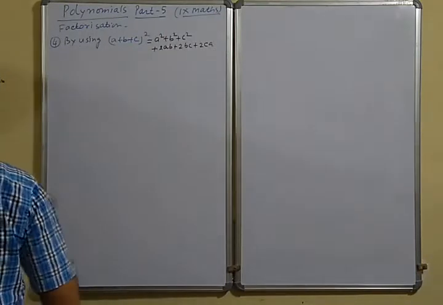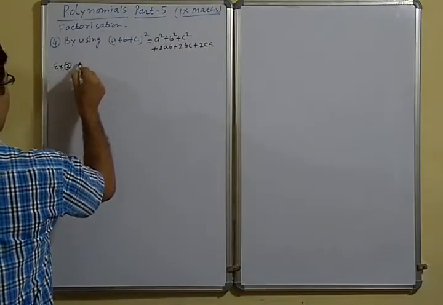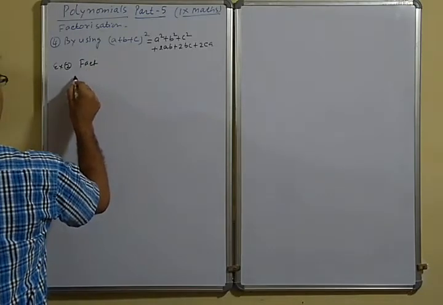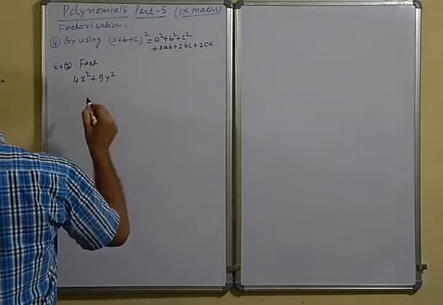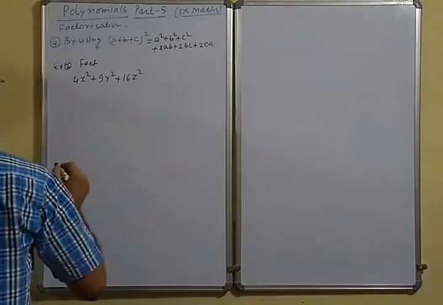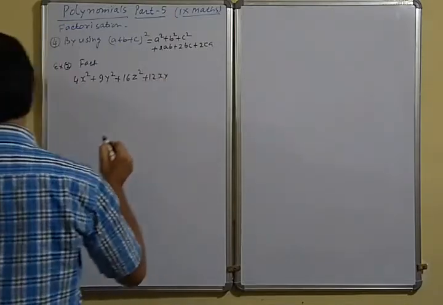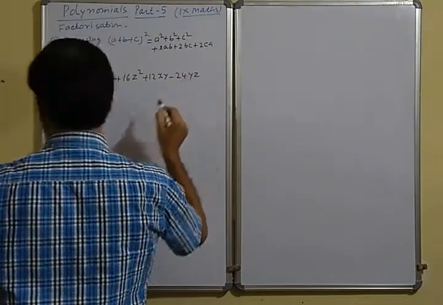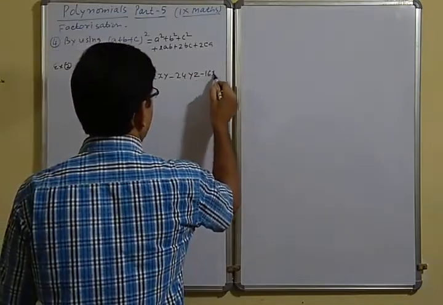Example 2, factorize 4x square plus 9y square plus 16z square plus 12xy minus 24yz minus 16xz.